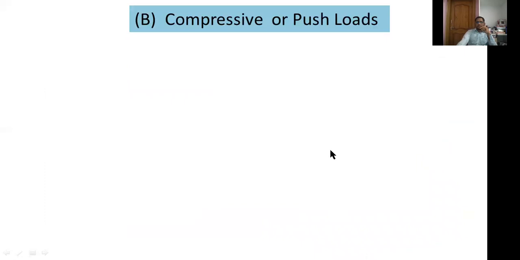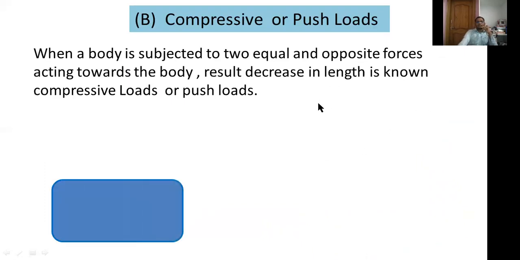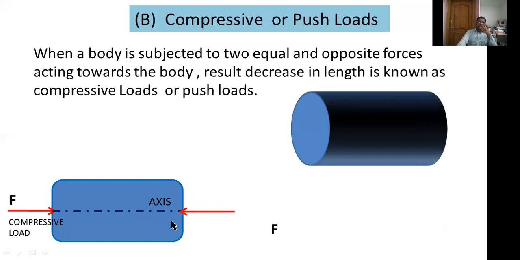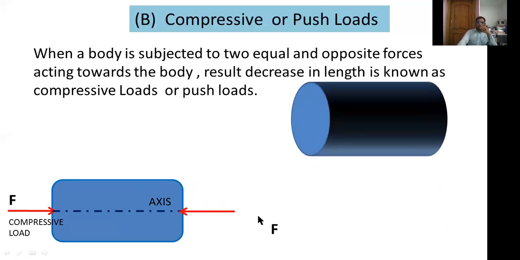Now the same for compressive loads. When a body is subjected to two equal and opposite forces acting towards the body, resulting in decrease in length, it is known as compressive load or push load.